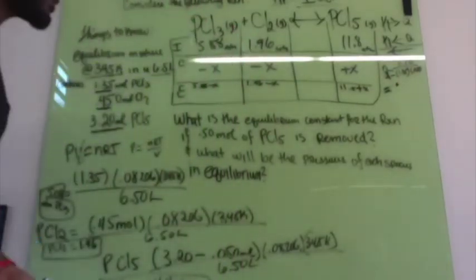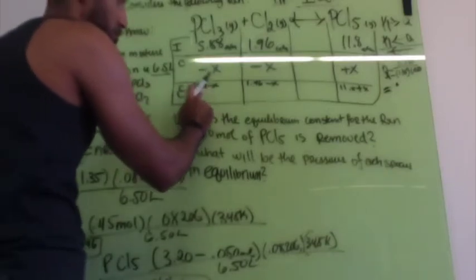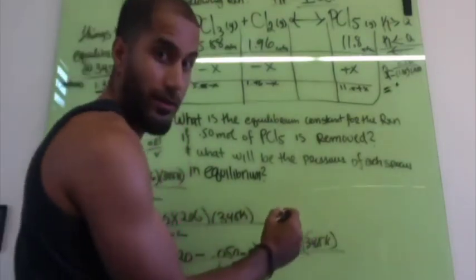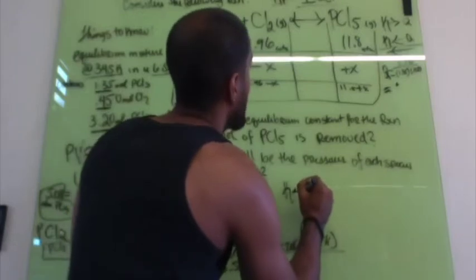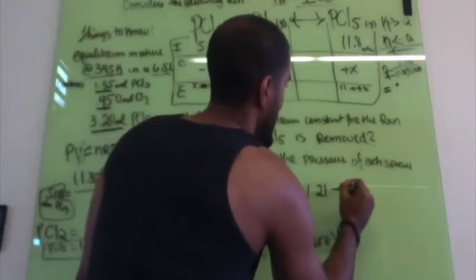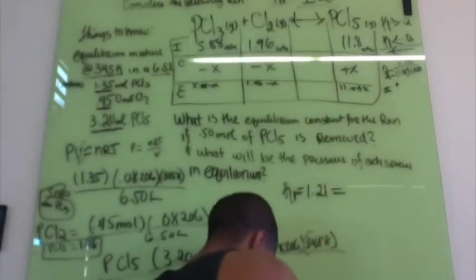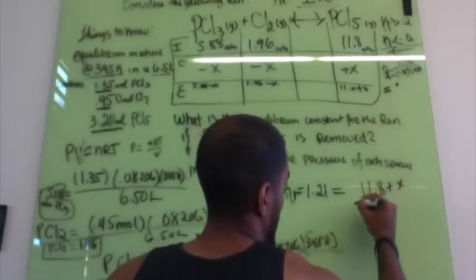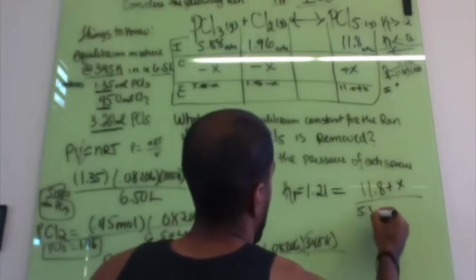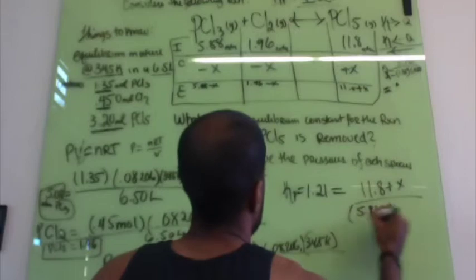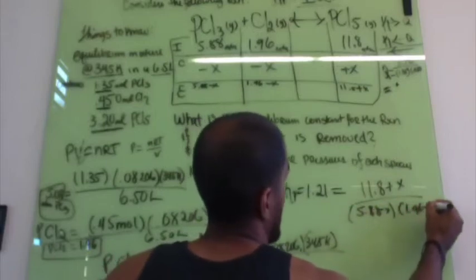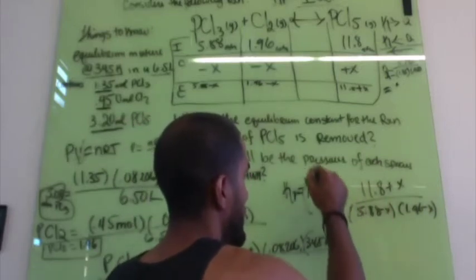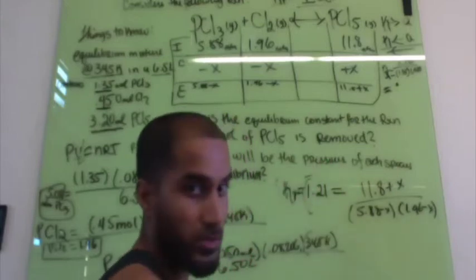So what we can do here is use these equilibrium values to plug into our K formula, which will be our K equilibrium pressure equals 1.21 equals, which will be the products over the reactants.